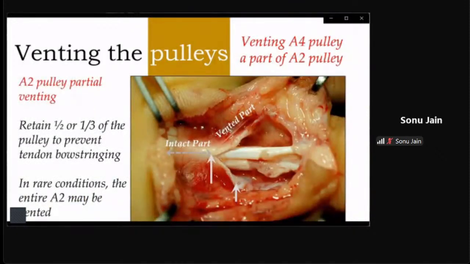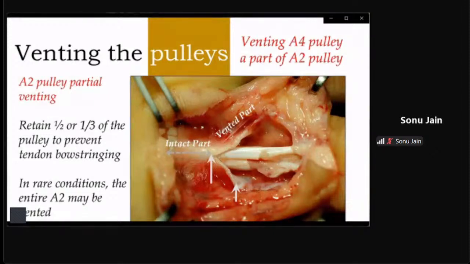However, in the A2 pulley area, we usually only need to vent a part of the A2 pulley because the A2 pulley is long, about 1.5 to 2 centimeters in length. You can vent about 50% or 70% of the A2 pulley, retaining a small part to prevent bowstringing.